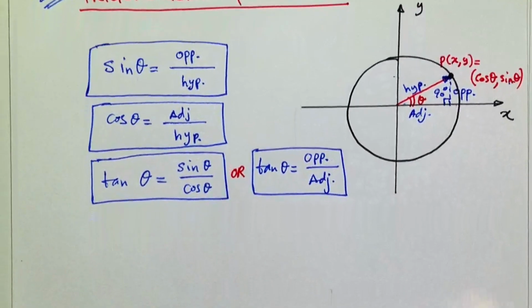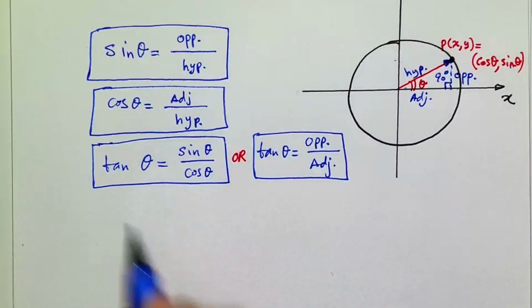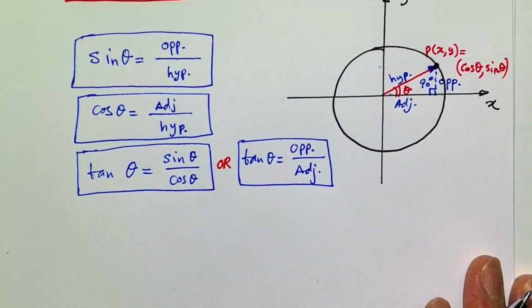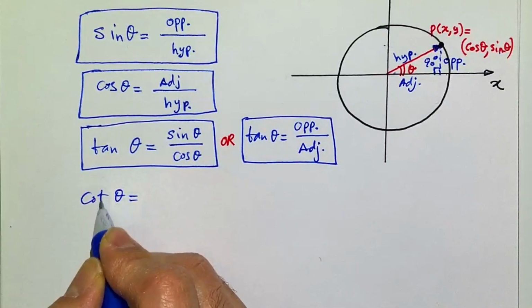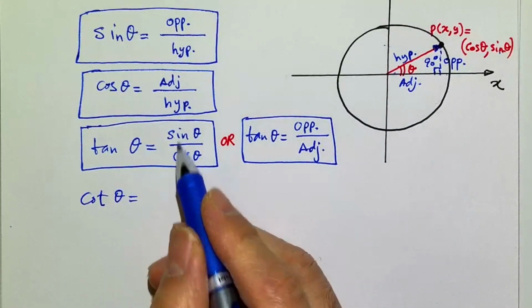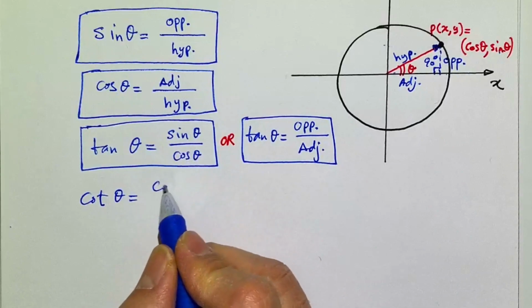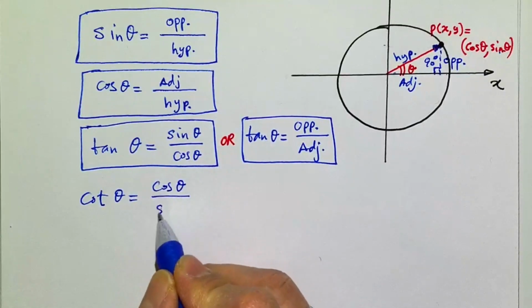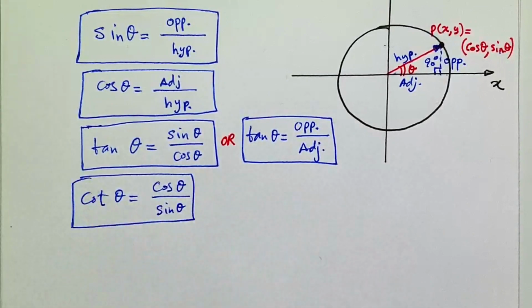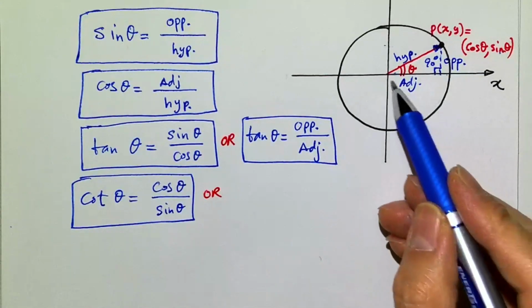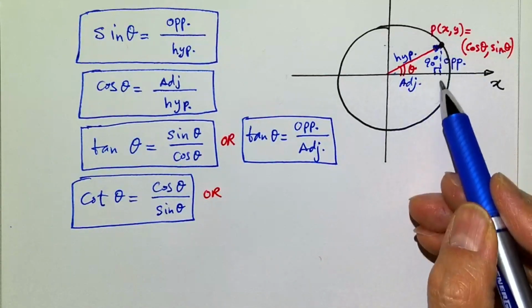Okay, so let's then add the cotangent of theta. It would be the reciprocal of this, the ratio of cosine of theta divided by sine of theta, or by the same token, we can say that it's the adjacent side divided by the opposite side.